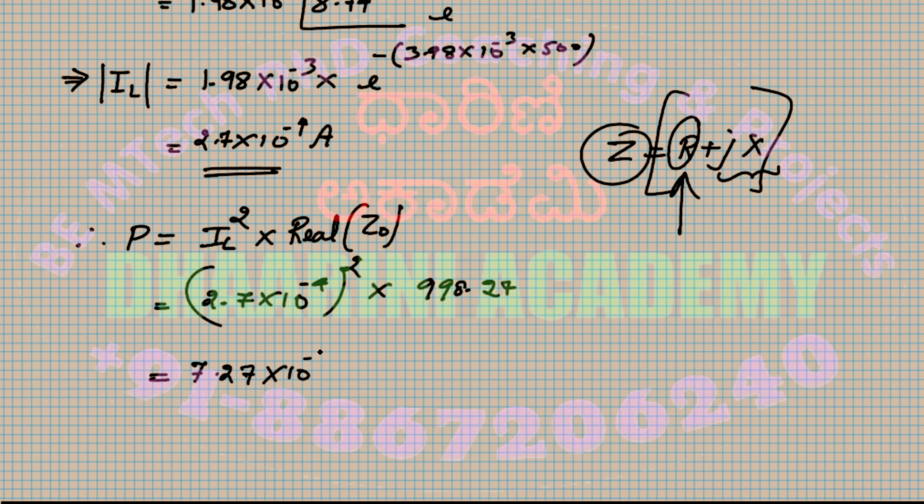That gives 7.27 into 10 to the minus 5. I can make it micro by writing it as 72.7 into 10 to the minus 6 watts. So that's the amount of power delivered to the load in this particular case.